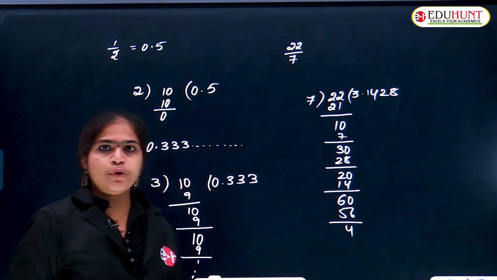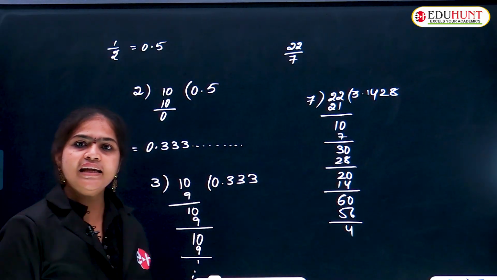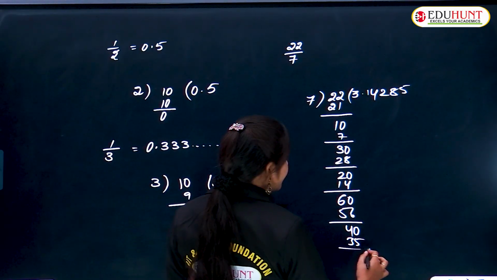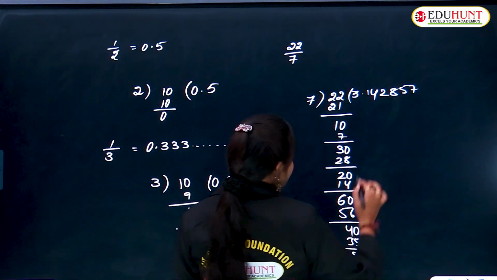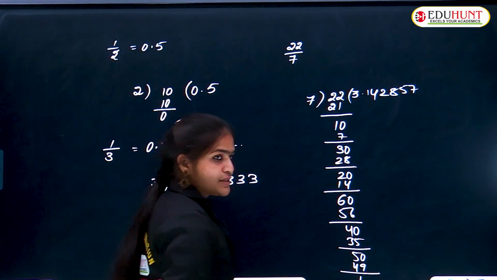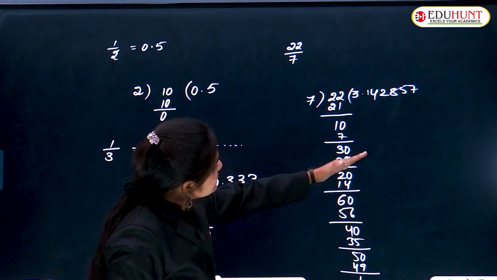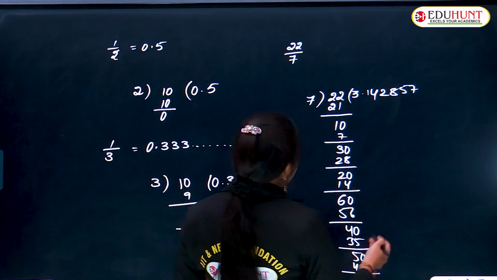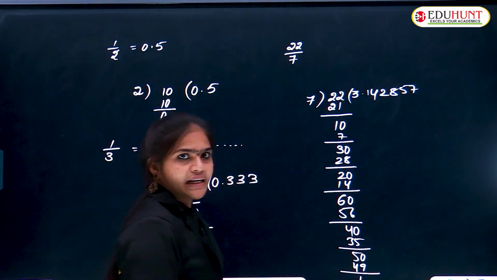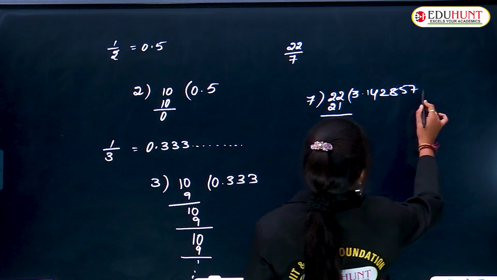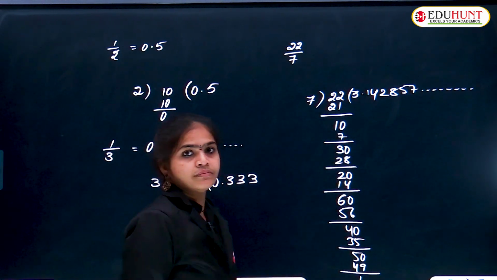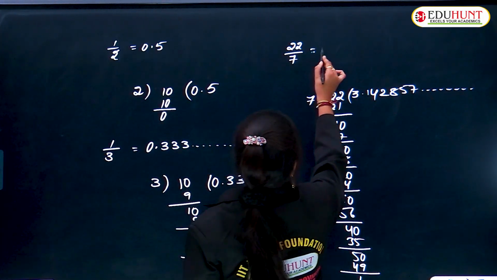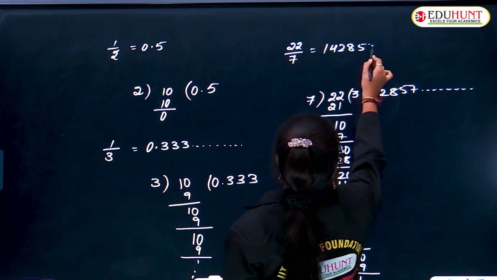Is there any ending point here? We are not getting any ending point. Just check again. 7 5s are 35, again 50, 7 7s are 49. Again the remainder is 1, and again the same steps continue. Again 10, 7 1s are 7, again 3, like that we will get it. Now see, 22 by 7 is 3.142857 and so on, 142857 repeating.